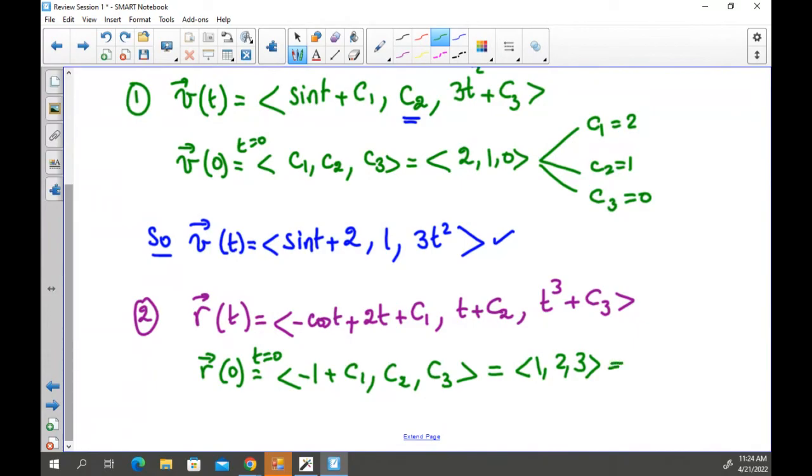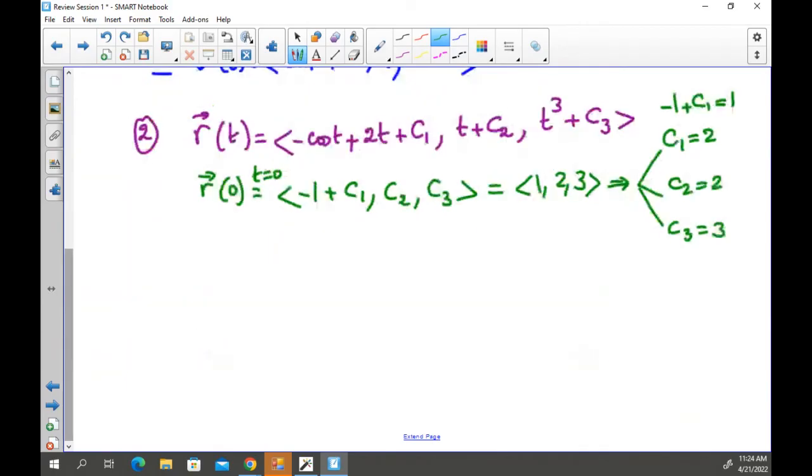Which means C1 is 2: minus 1 plus C1 equals 1, so C1 equals 2. And then C2 is also 2. And C3 is 3.